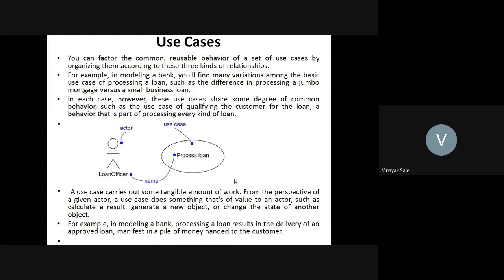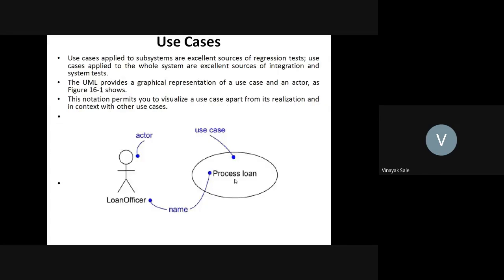For example, in modeling a bank, processing a loan results in the delivery of an approved loan, a pile of money handed to the customer. Use cases applied to a subsystem are excellent sources of regression tests. Use cases applied to the whole system are excellent sources of integration and system tests.